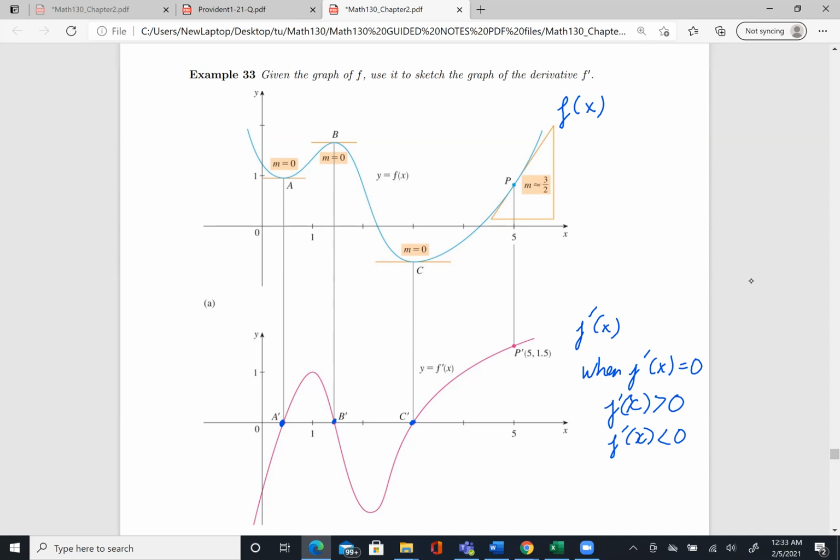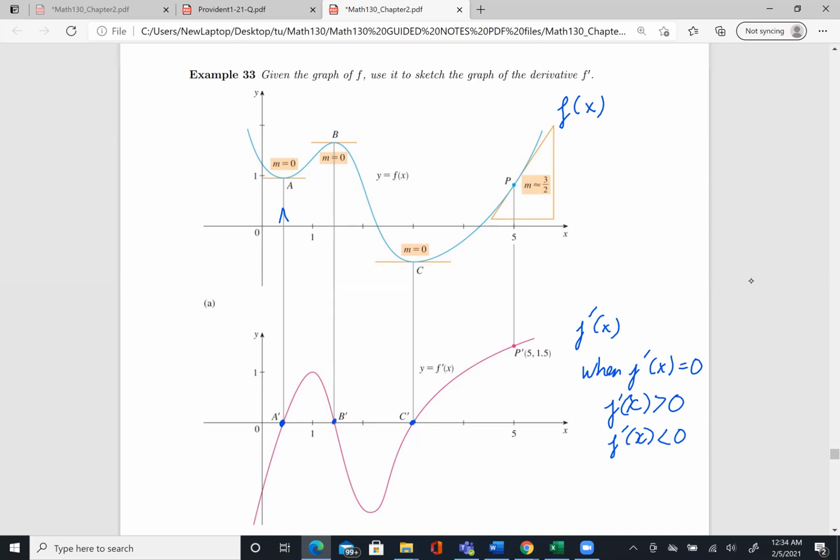At that point, what happened with f of x? From here, you go back to f of x and see the graph has a local minimum, right?